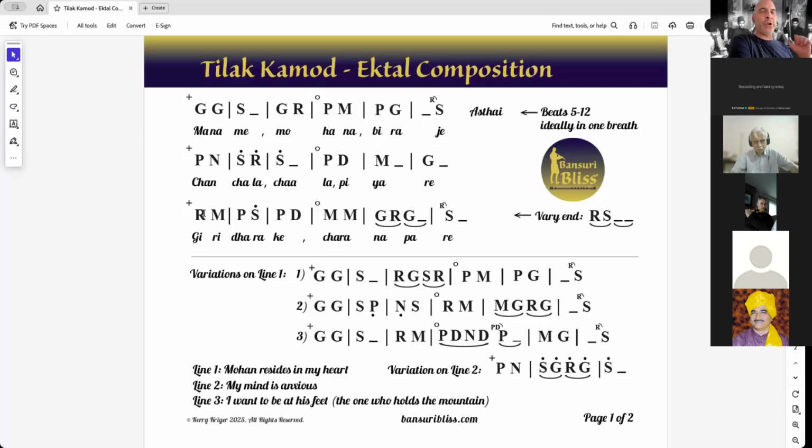So by default, your gamak note comes from above. And therefore, the gamak note of re is going to be what? Ga. Ma. Huh? Sorry, ga. Ga is the closest note in the scale to re. Generally speaking, you're going to use the closest note in the scale.